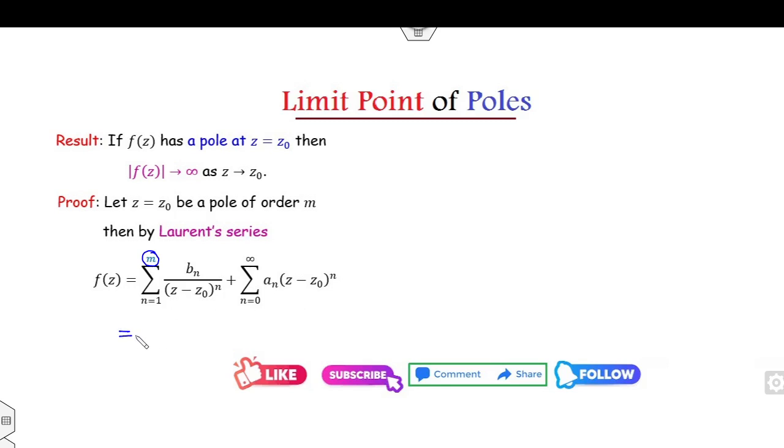I can open this value. It is b1 over z minus z0 plus b2 over (z minus z0) squared and so on.